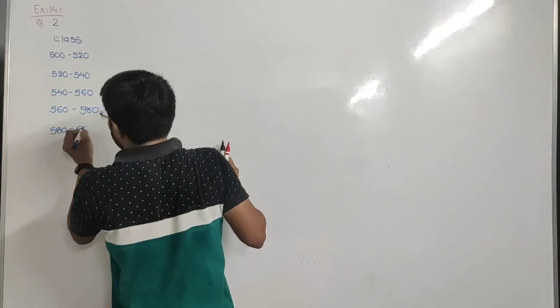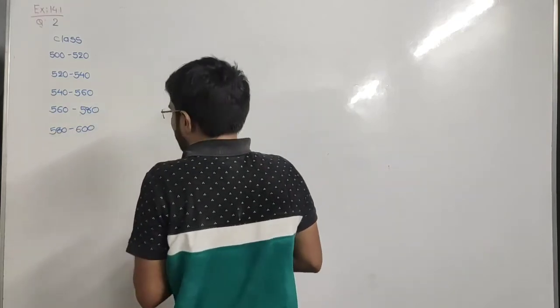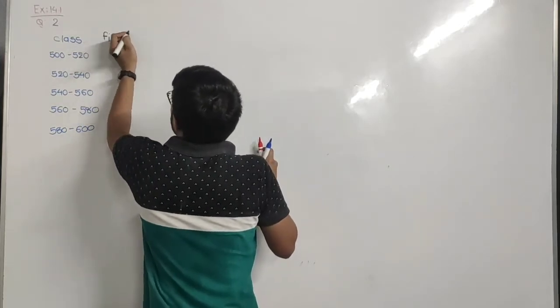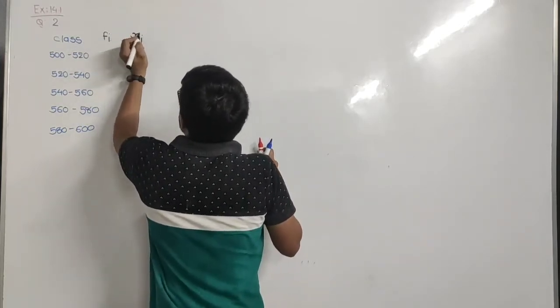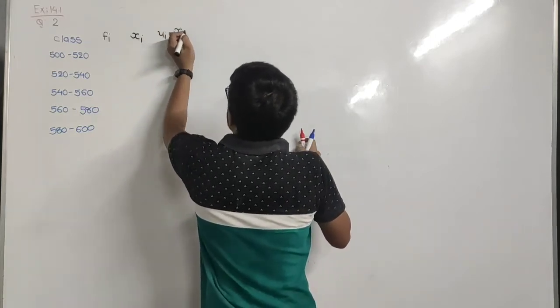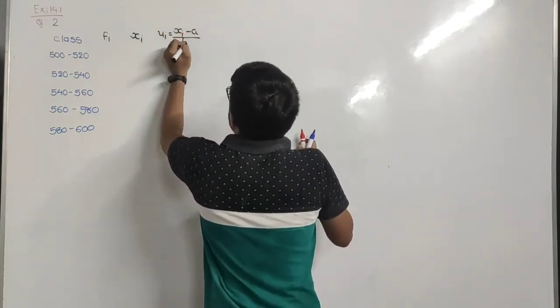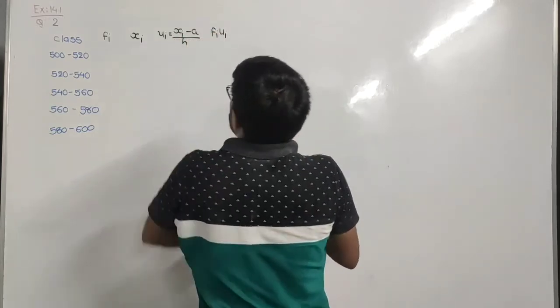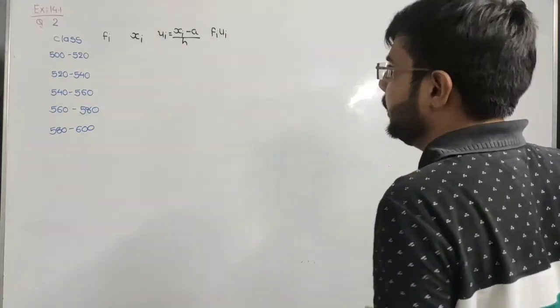Now the class column, then Fi, and we have to find Xi, and if we want to use step deviation, we have to find ui, that is Xi minus A upon h, and Fi ui. Then we are able to find the mean.